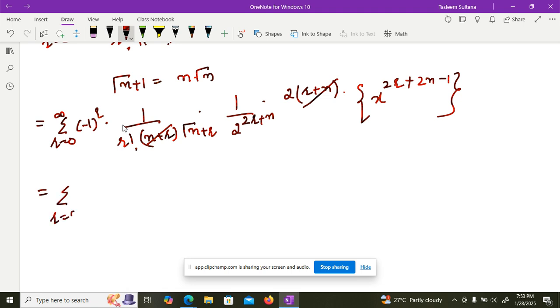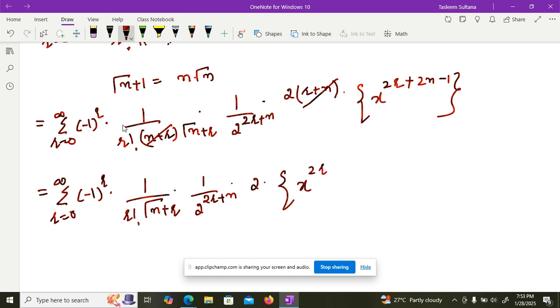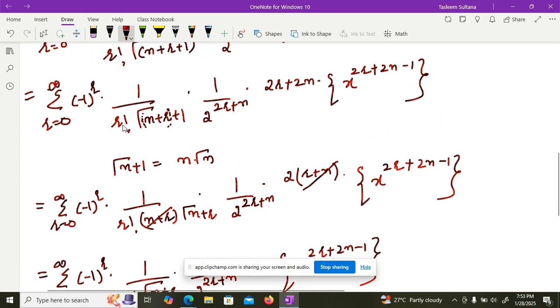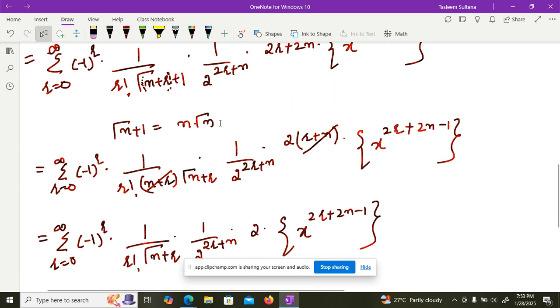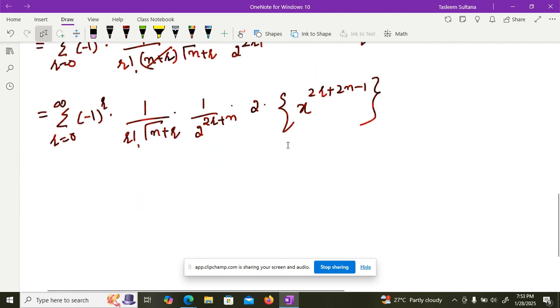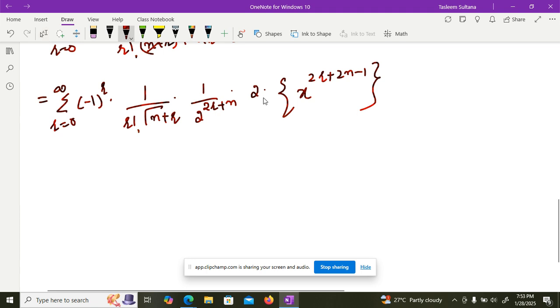summation r equals 0 to infinity, minus 1 to the power of r, 1 divided by r factorial gamma of n plus r into 1 divided by 2 to the power of 2r plus n into 2 x to the power of 2r plus 2n minus 1, where this 2 I will take down, so it becomes 2 to the power of minus 1.